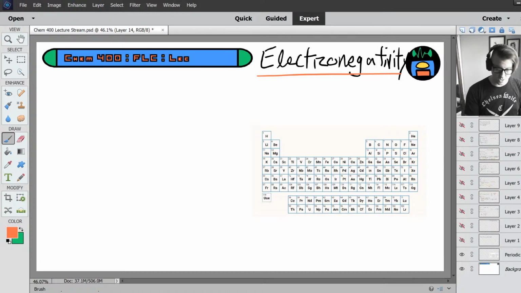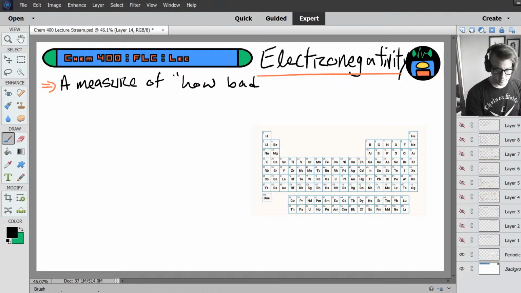Electronegativity trends on the periodic table, and remember this is electronegativity is a measure of, I'm going to put this in quotes, "how bad", unquote, an atom wants to gain electrons.